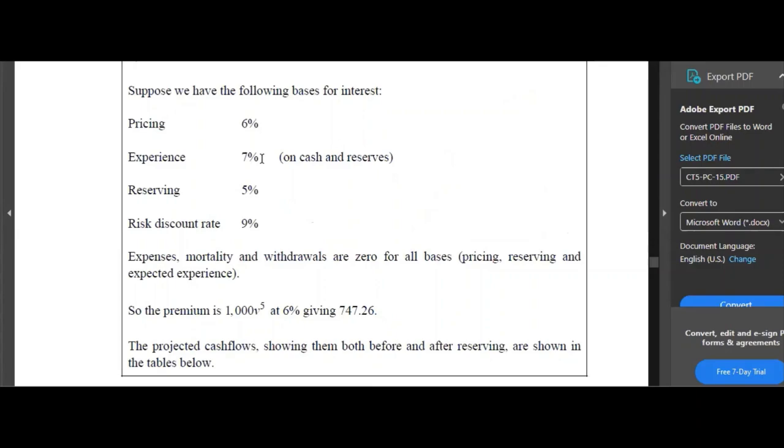When you are reserving, remember when we started the pricing chapter, and then when we started the reserving chapter, we never talked about something that already happened. Reserve means you are planning for the future to keep money, okay? Pricing means you are pricing for the future.